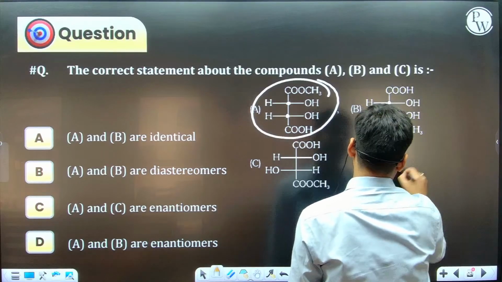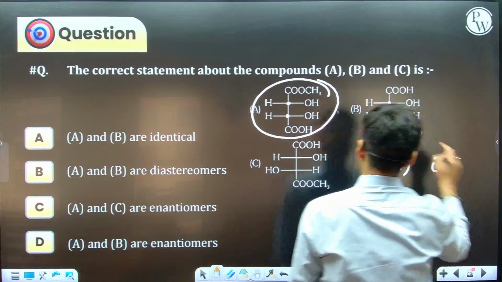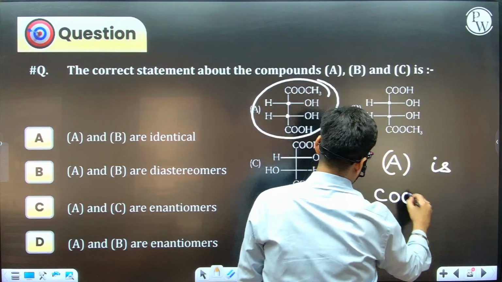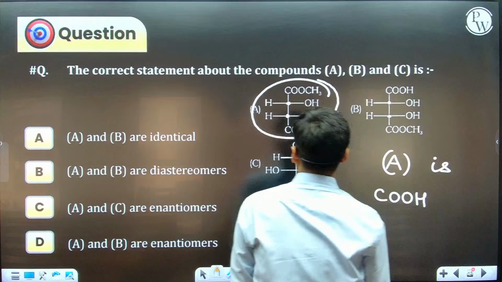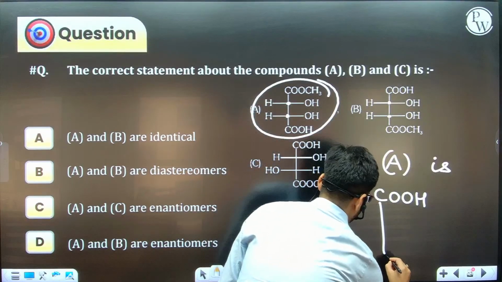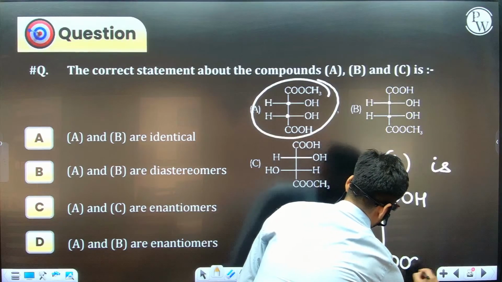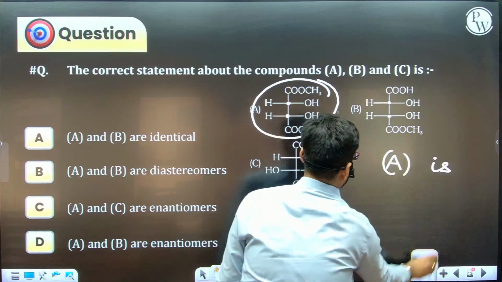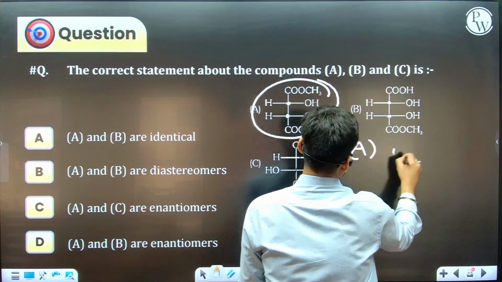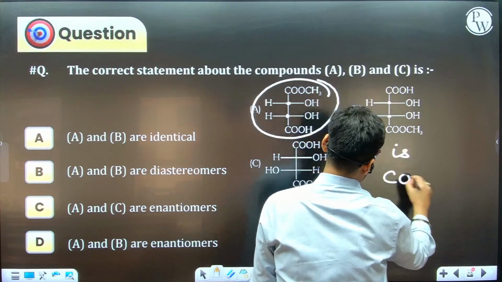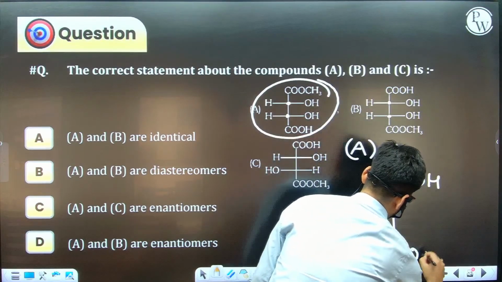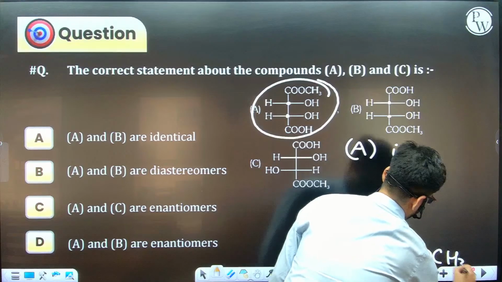So A is COOH at the top, COOCH3 is at the bottom. So I will write here.